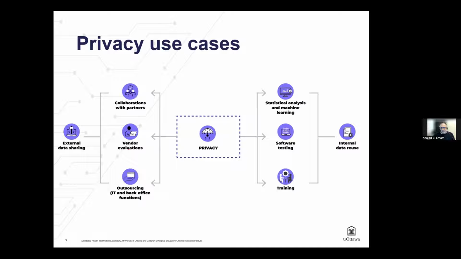Some companies use synthetic data for vendor evaluations, so essentially pilot studies. And another big use case is outsourcing, where data is given to a back office subcontractor to do work on that, and that can be somewhere offshore. And then internal reuse for training machine learning models, for software testing and training. These are the commonly seen use cases.